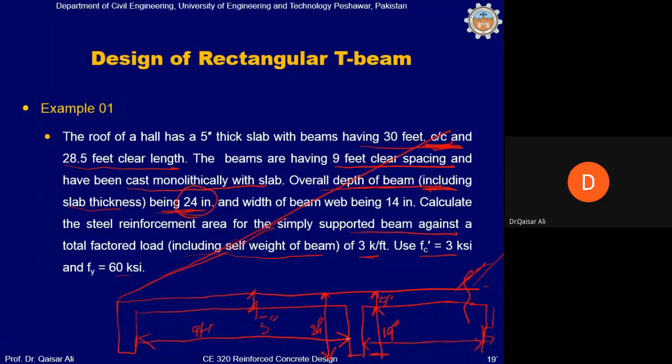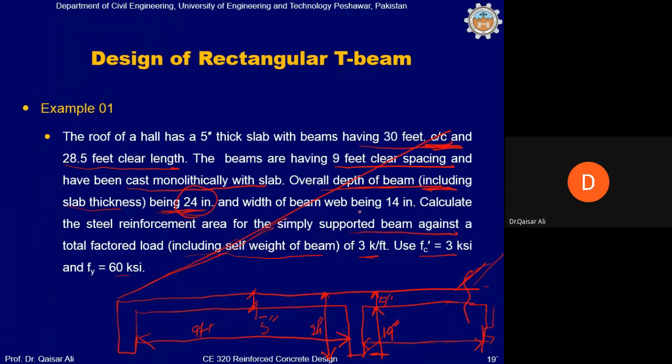The distance between the beams is 9 feet, but the length of the beam is 30 feet. Let's say there is a wall here and a wall on the other side. So the beam from this wall to that wall is 30 feet.